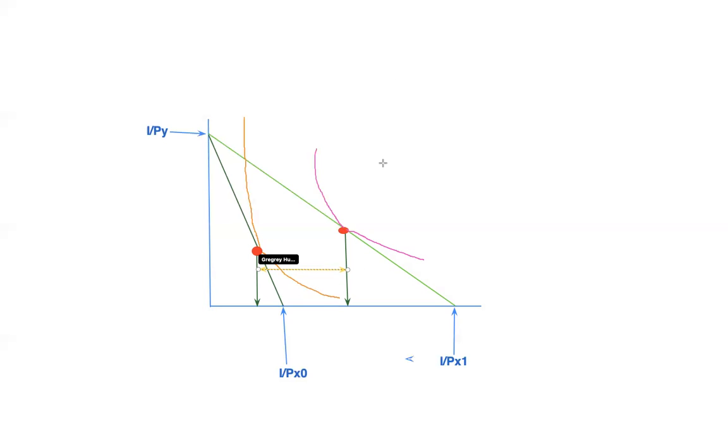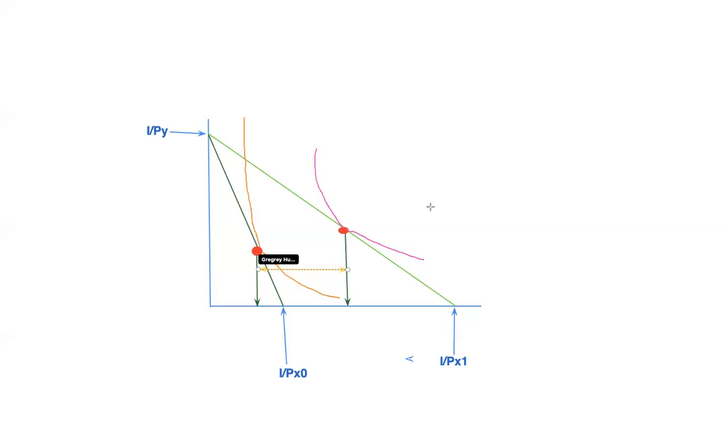Now, I also want to point out, depending on which version of Ignithium you get, sometimes there's a price increase and sometimes there's a price decrease. If it was a price increase instead of a decrease, it would be the exact same thing, but X0 and X1 would be flipped. So that's important to point out.